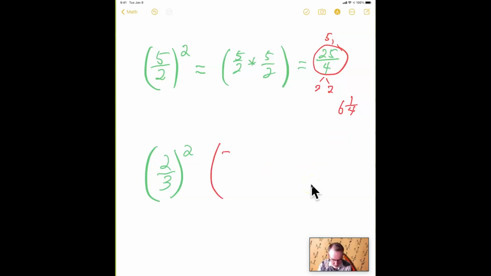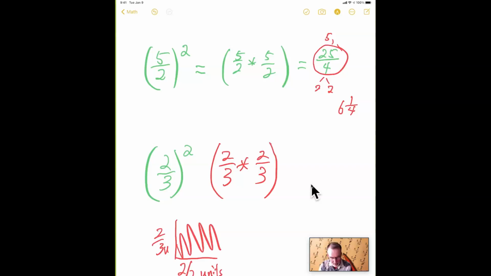So we'll do this one in red. 2/3 times 2/3, which is 2/3 squared. So the idea is that you have an area. This is 2/3 of some unit long, and then 2/3 of some other unit wide. And you're going to figure the area inside this square.